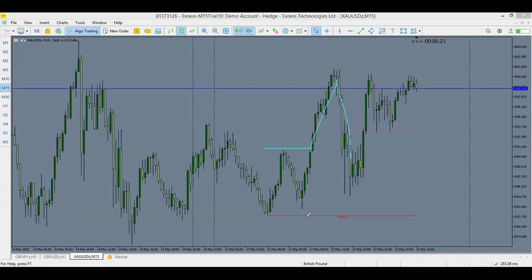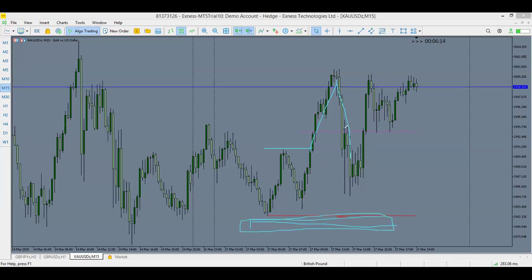You can put it below this zone here, saying to yourself that as long as price trades above this zone, you're okay for a buy. But as soon as price closes below these levels, then you're no longer interested in a buy.